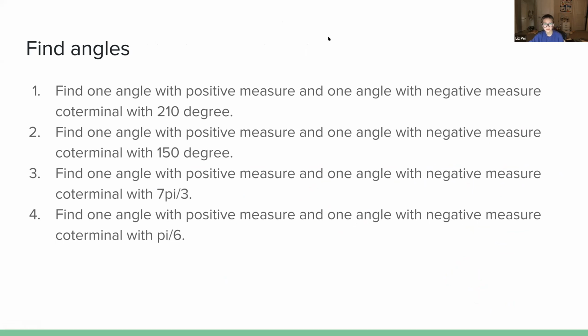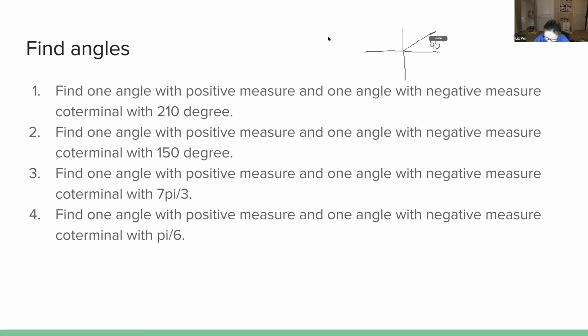Okay, so have we talked about coterminal angles before? No, not. Okay. So what is a coterminal angle? Let's say we have a coordinate plane right here, and let's say this is 45 degrees, right? So you see how here's the line.